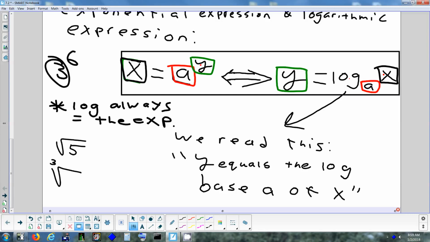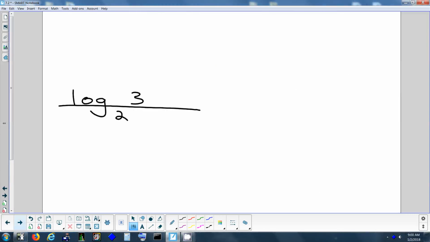In that case, I'm taking a cube root, and the thing I'm taking the root of is 12. Okay, with logs, in this case, I'm doing a base 2 log, and what am I taking the log of? 3. If I did something like this, now I'm taking a base 6 log, and I'm taking it of the number 12.